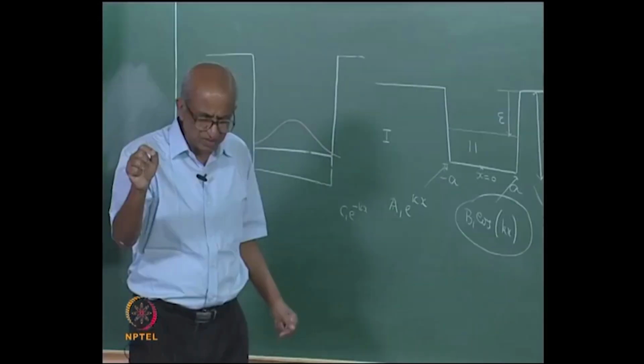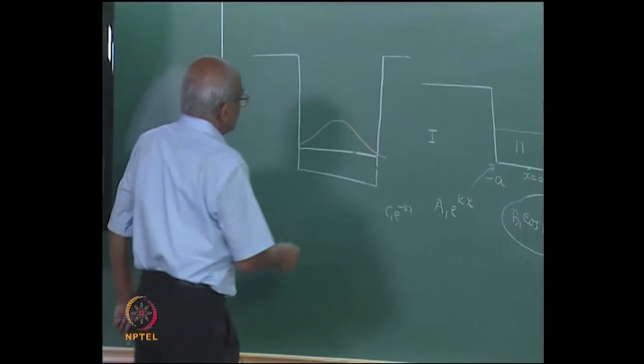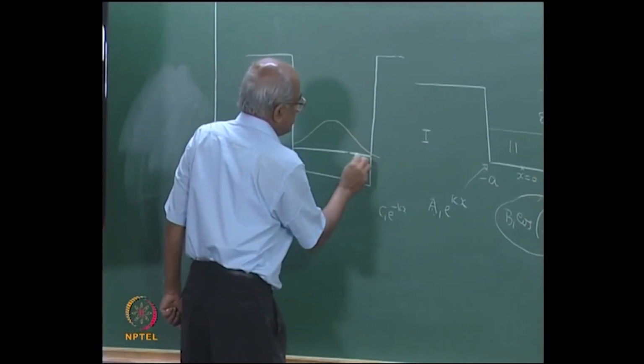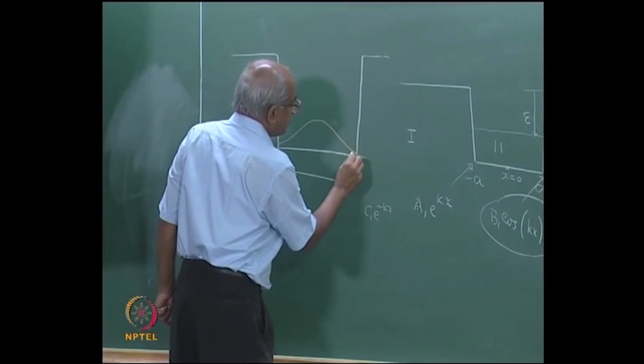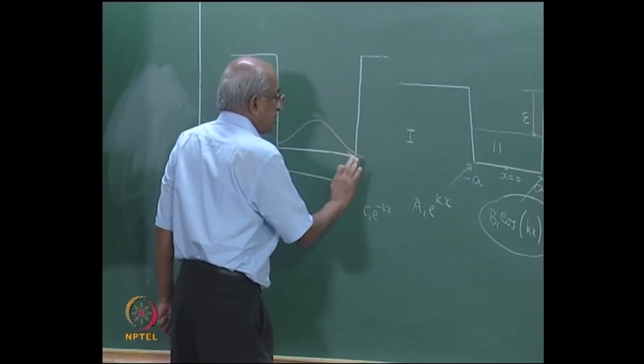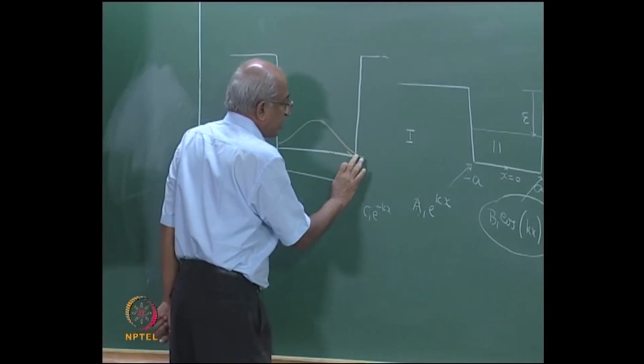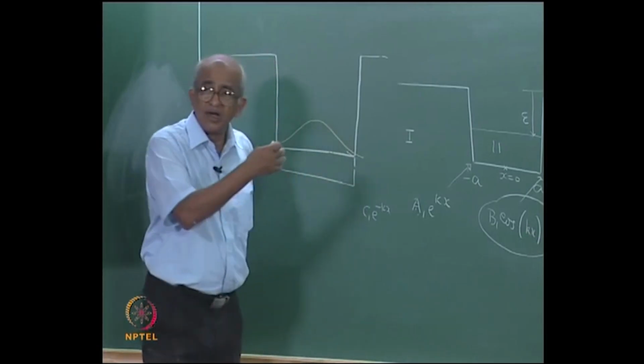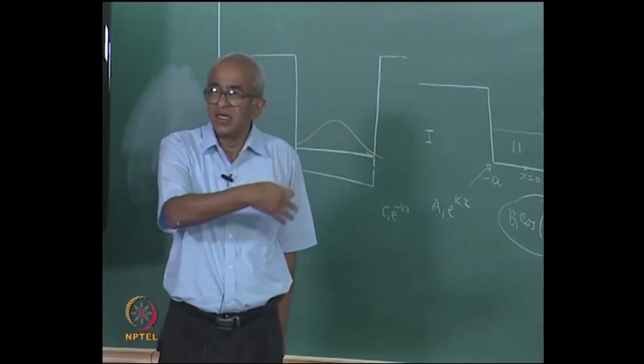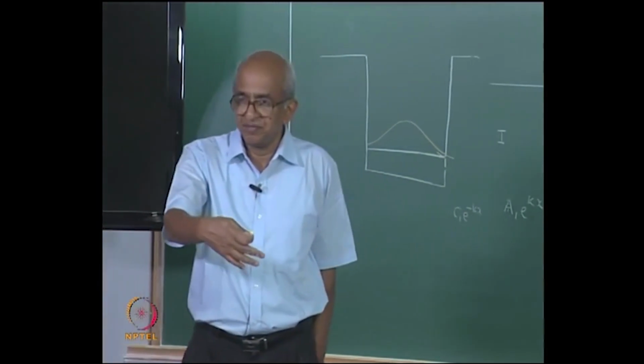Well, I think I should modify what I said. Classically speaking, this particle will hit this potential wall and will be reflected. So, it does not enter into that region.